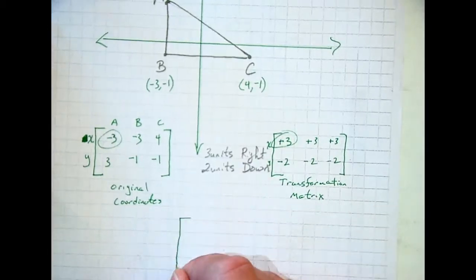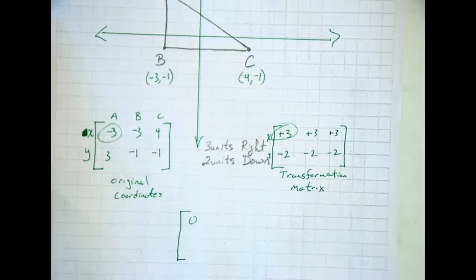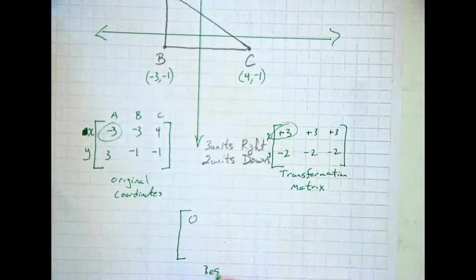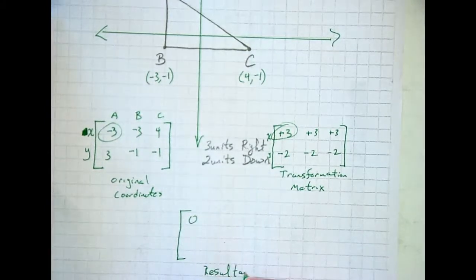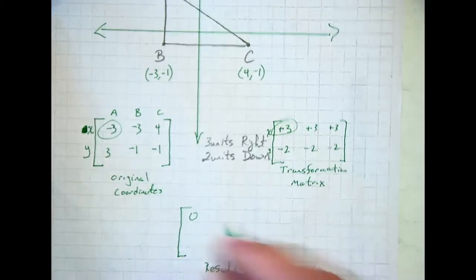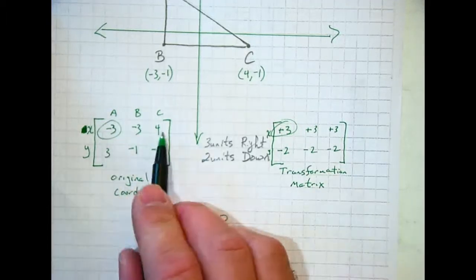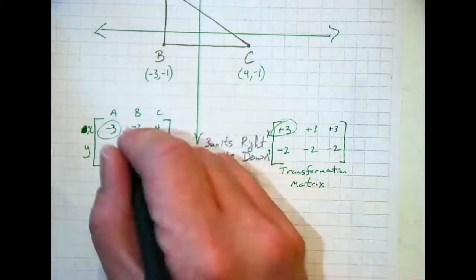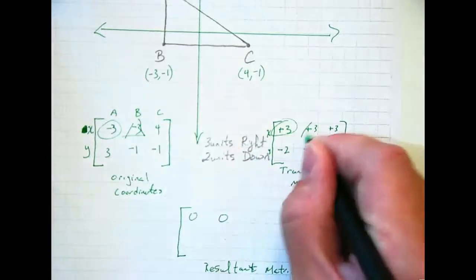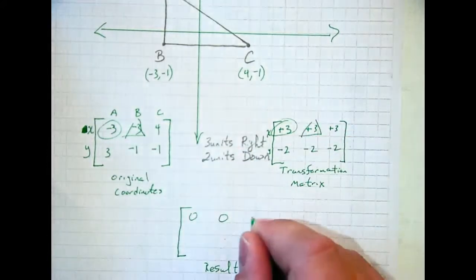In this case, for me, it's 0. Negative 3 and 3, 0. Negative, or 4 and 3, or 7.